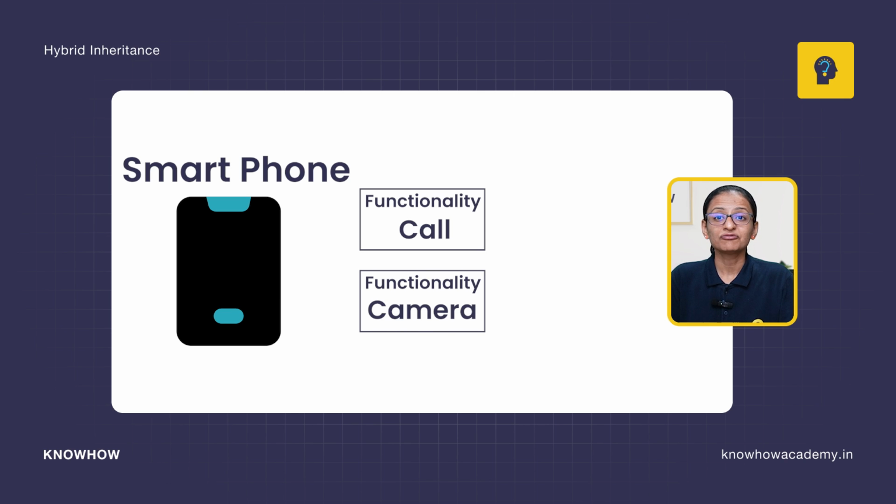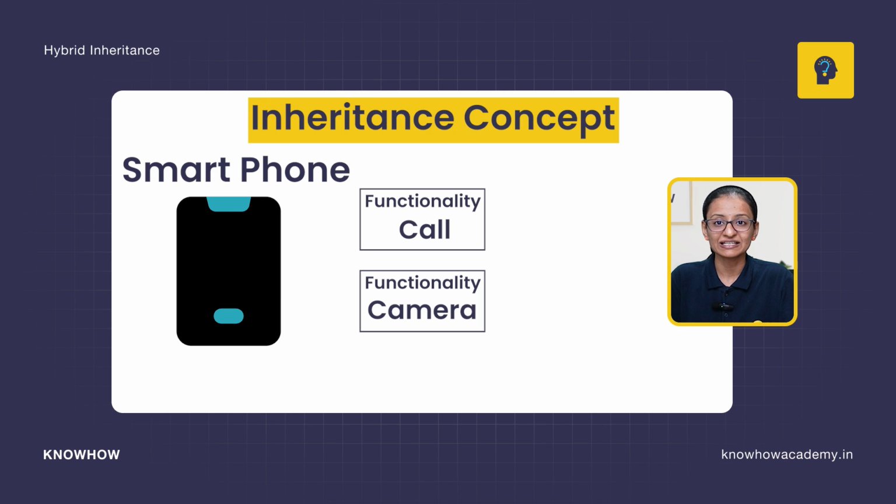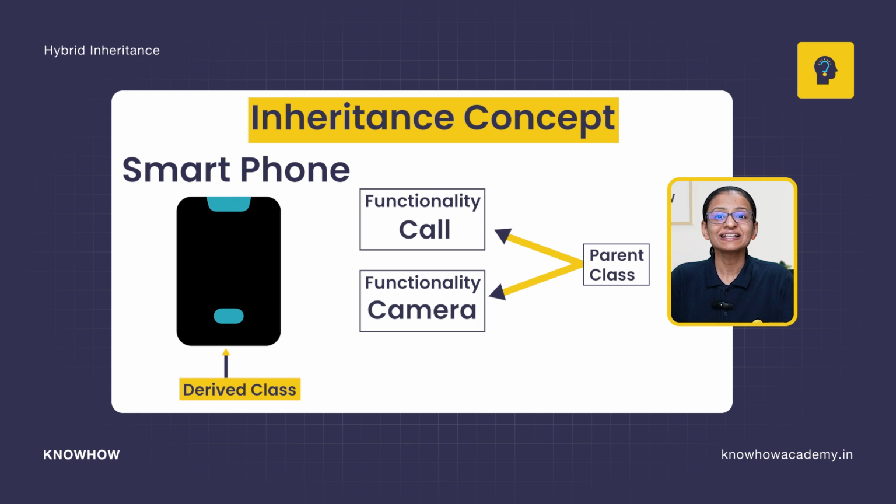So here, if we convert this example into our inheritance concept, smartphone is a derived class which is inheriting the properties of two parent classes. One is the call class and the second is the camera class. But in this example, the camera class is also inheriting two other classes, the picture class and the video class.